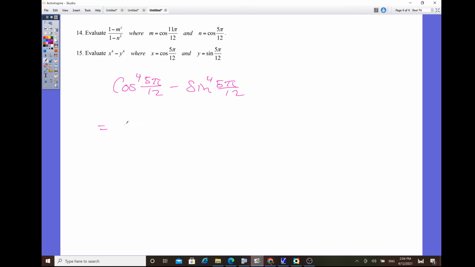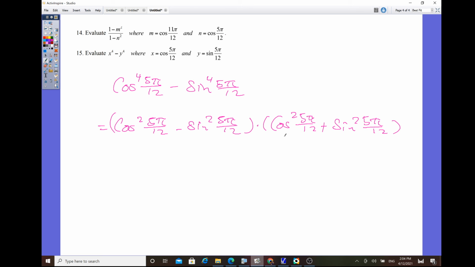And then this one can use the difference of 2 squares, so cosine square of 5 pi over 12 minus sine square of 5 pi over 12 times cosine square of 5 pi over 12 plus sine square of 5 pi over 12. Well, obviously this one is the Pythagorean identity, that's 1.